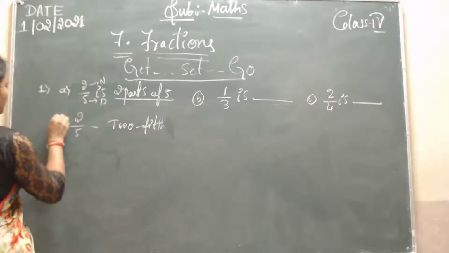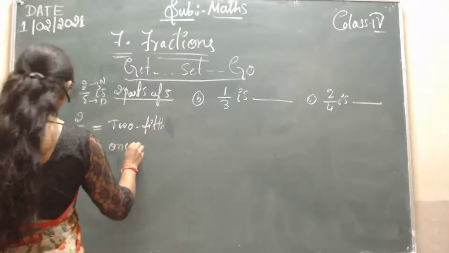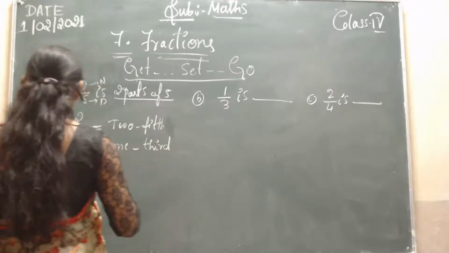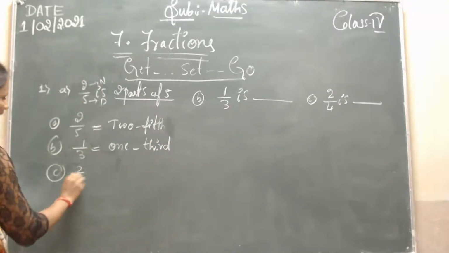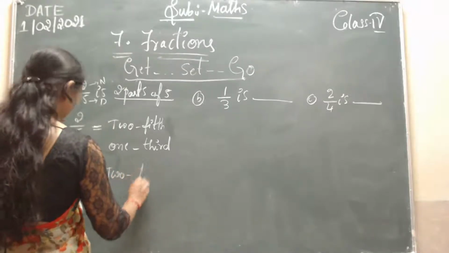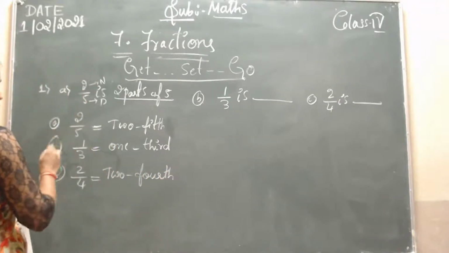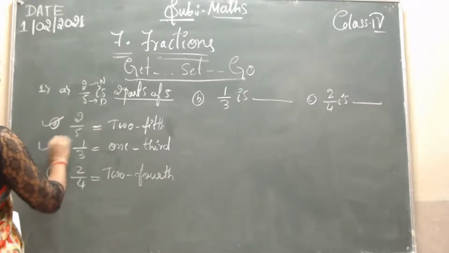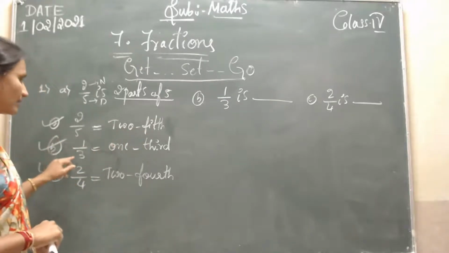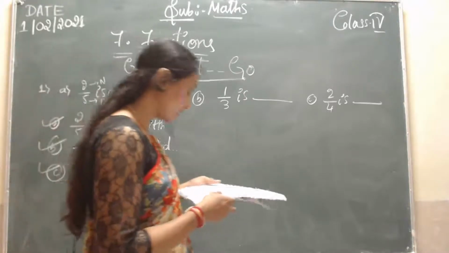Next in B, 1 by 3 means we write 1/3. In C, 2 by 4 is 2/4. Students, see: 2 by 5 is 2/5, 1 by 3 is 1/3, and 2 by 4 is 2/4. This is how to write it.